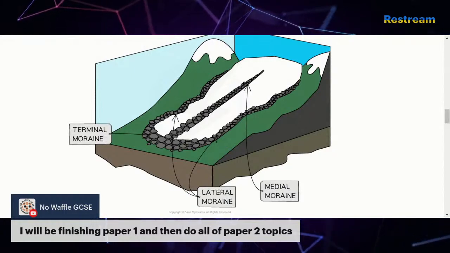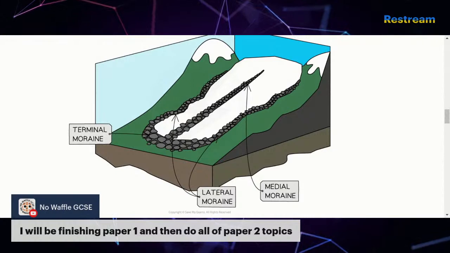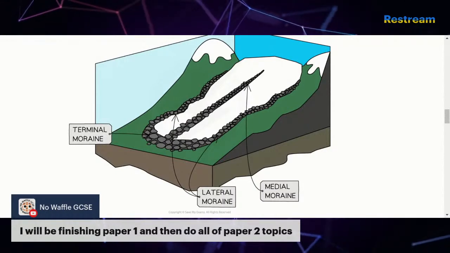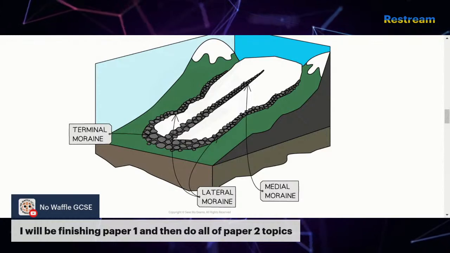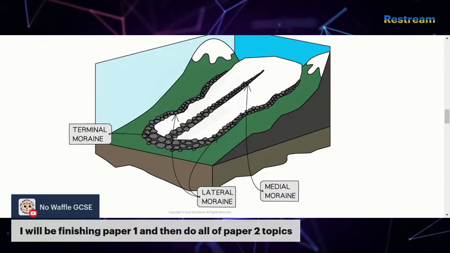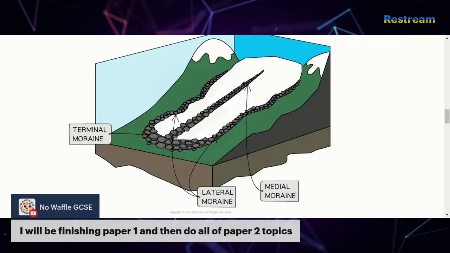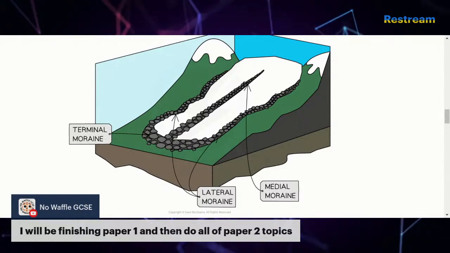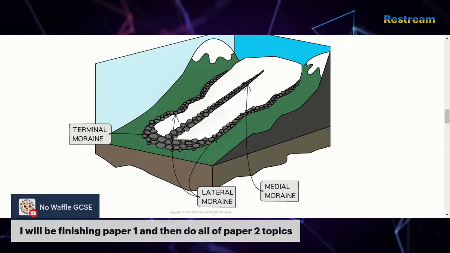Do tell me any questions if you are a bit stuck, because this is a bit confusing. But so we know the lateral moraines are formed from the side of the glacial materials, and then the medial forms when there are two different glaciers and their lateral moraines then join to form one long ridge of material.